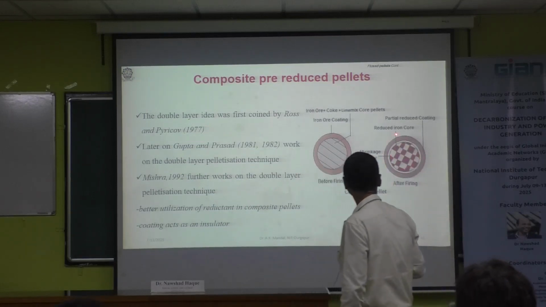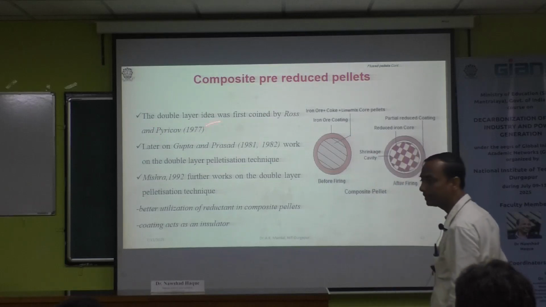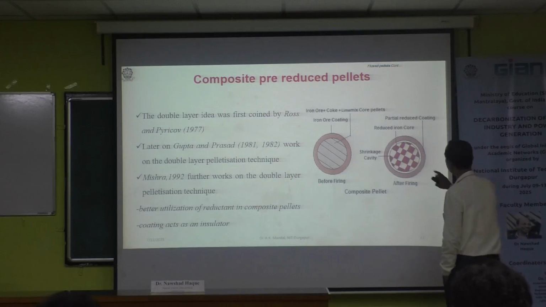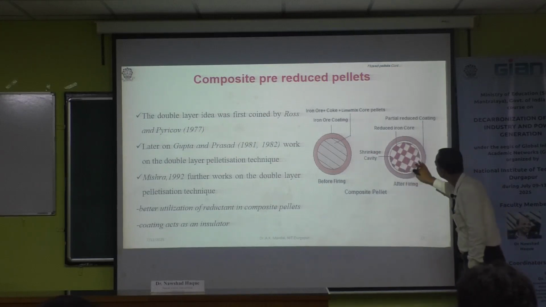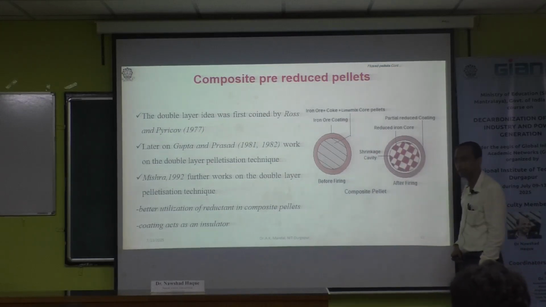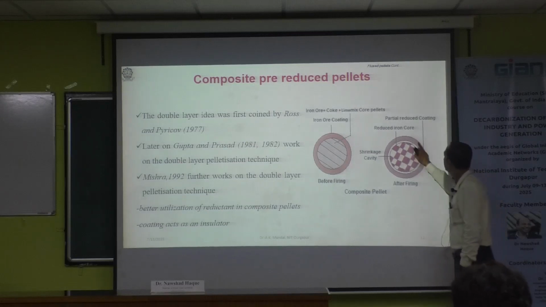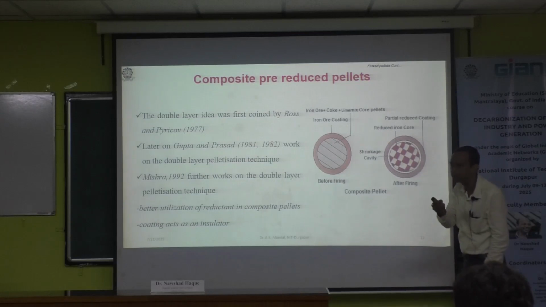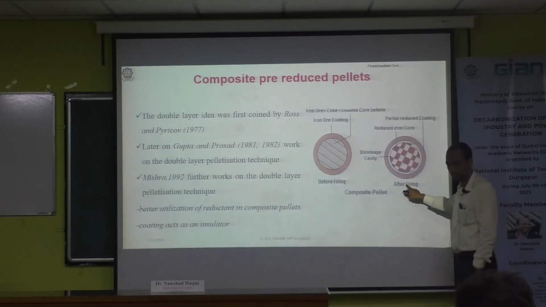Then what will happen when you reduce it? You will get reduced iron in the core, and one insulating layer which is a semi-reduced, partially reduced coating layer.